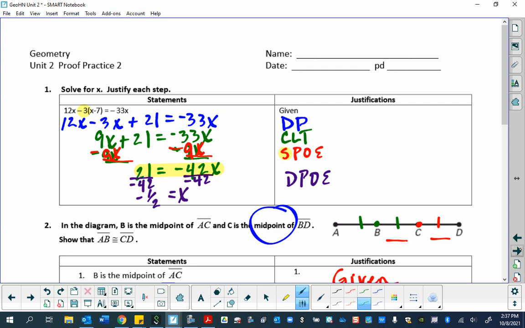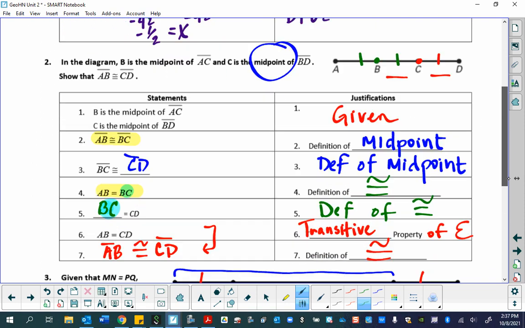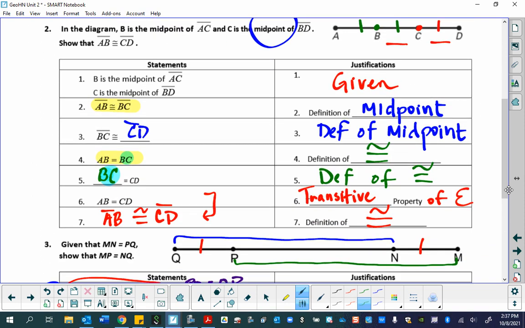You also had a worksheet that was called Proof Practice 2. We went over the front of it. And in fact, you can go ahead and look at some of the things that we use as justification. So if you don't have midpoint under your definitions, add it. Put it in your proof pantry.